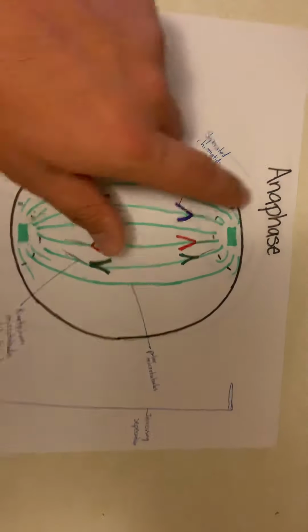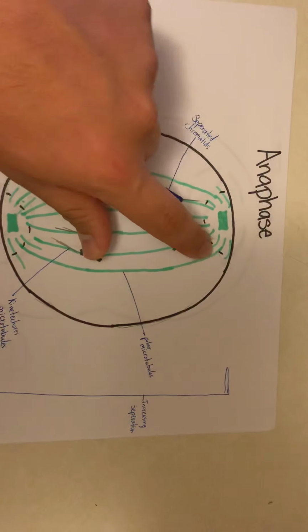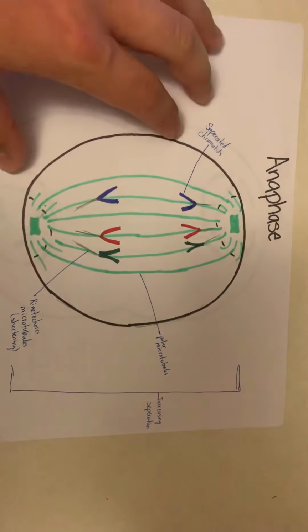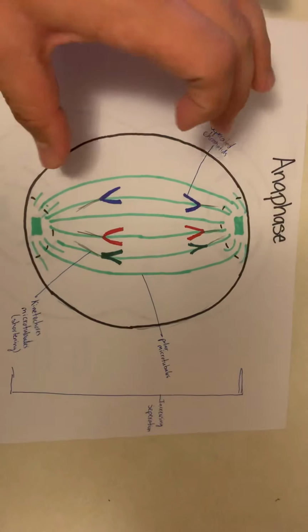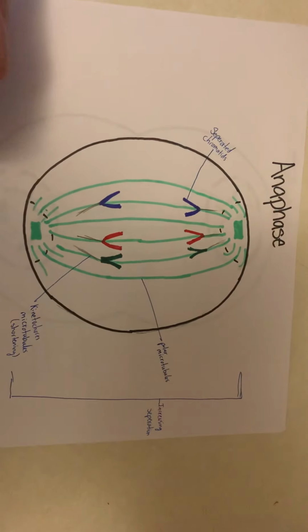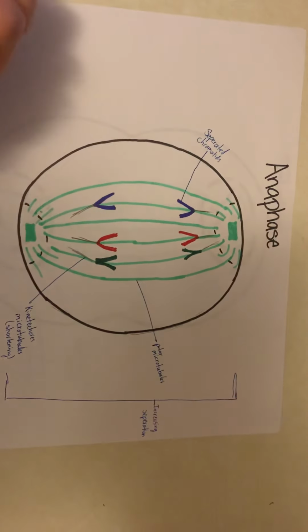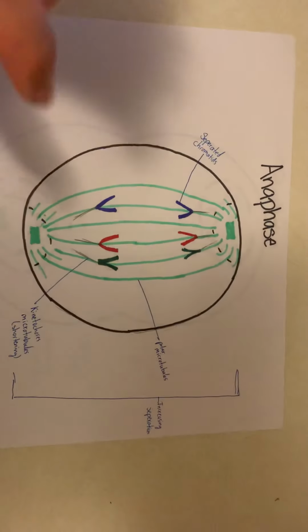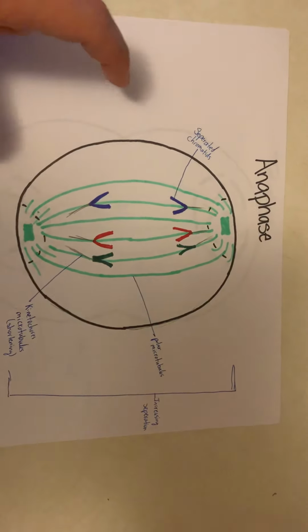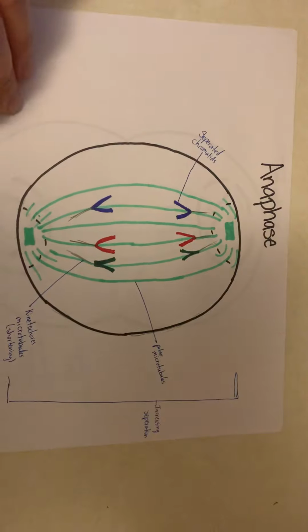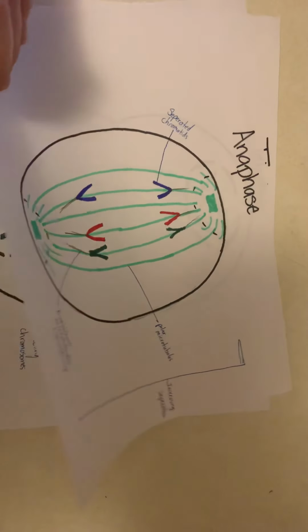And as you can see, I still have little fragments here, which will play a role in our next phase. But in this phase, you're starting to see an increase in space between the spindles, and they're going further and further apart. I don't know if you can tell, but my circle was a little bit more of an oval now than the last few.